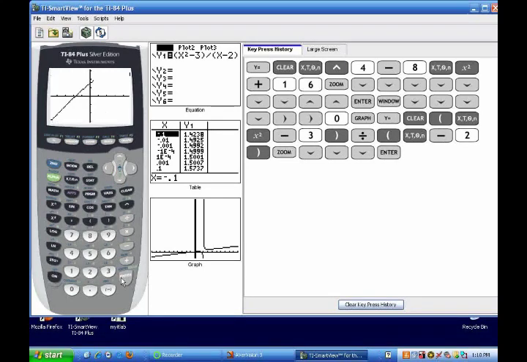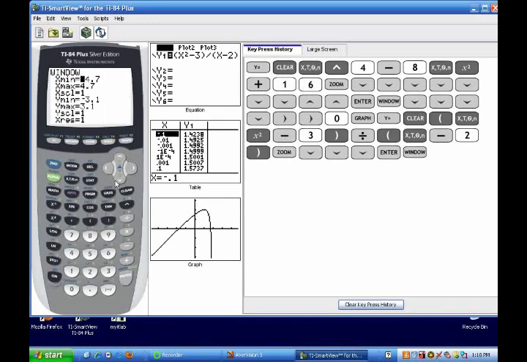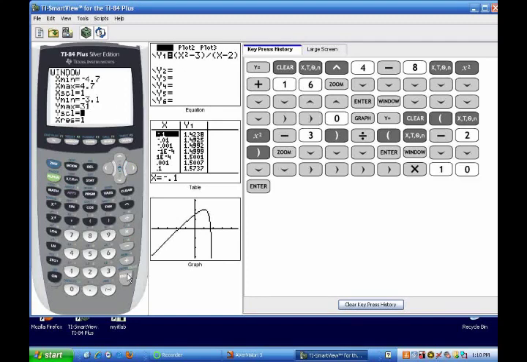Hit there. That is strange. That didn't work. Okay, I didn't get the whole picture. So I'm going to go to the window, and I'm going to give myself a larger Y max. Well, I might want to do it my way.